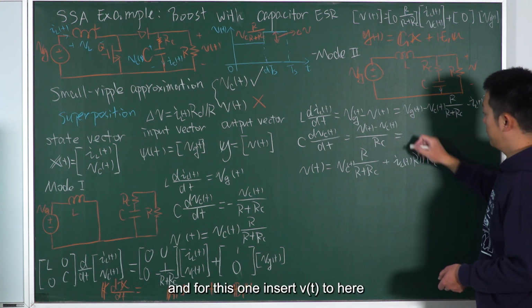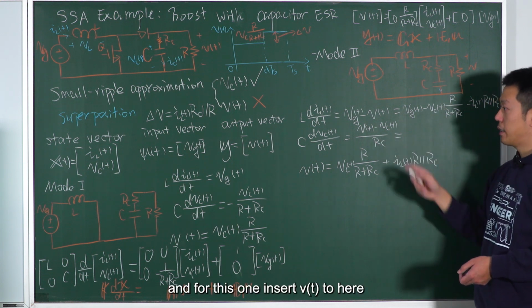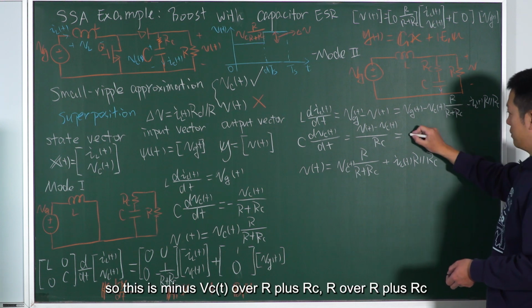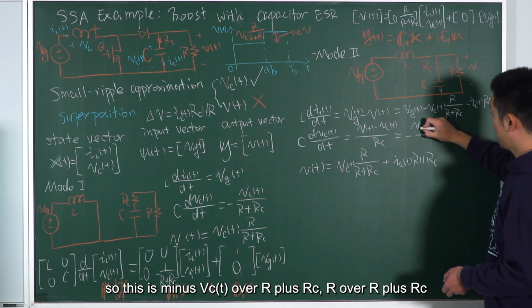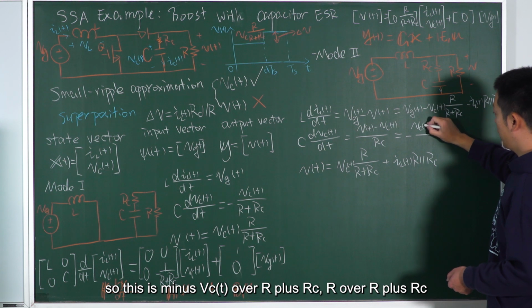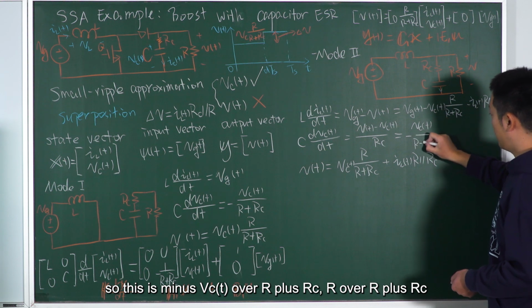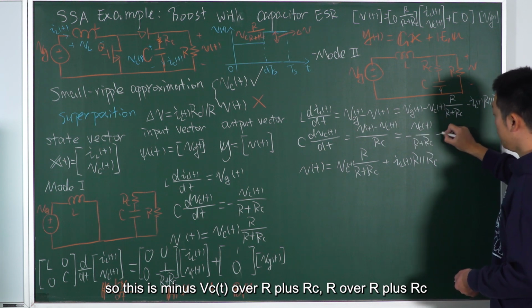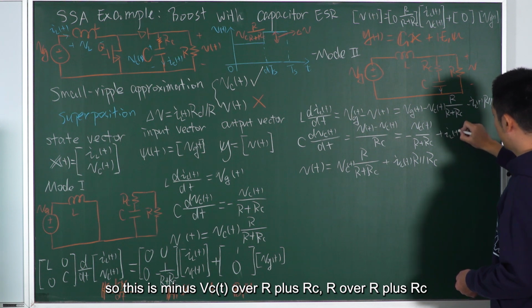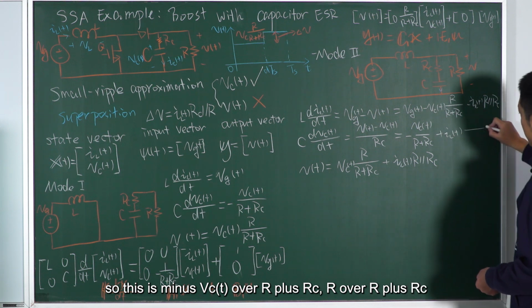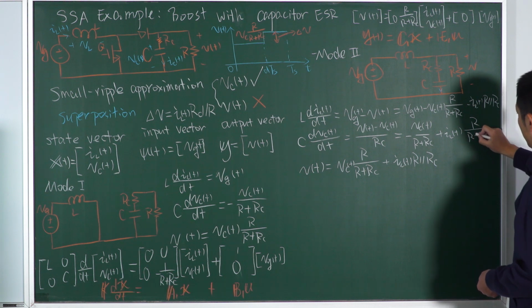And for this one, insert Vt to here, right? So this is minus Vc over R plus RC, times R over R plus RC.